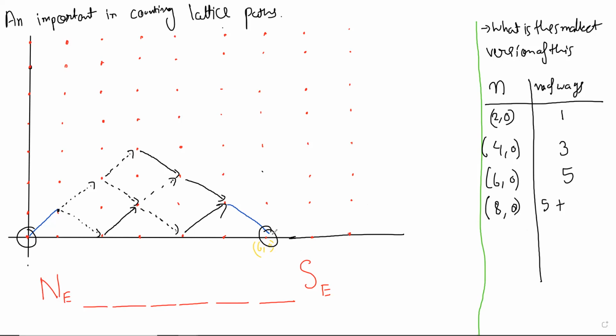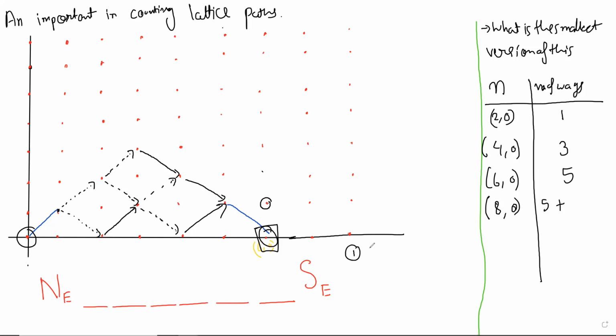In the remaining moves, we must not end up here while crossing this line. Okay. So what are the other possibilities? The other possibilities is we are here, we cross through.